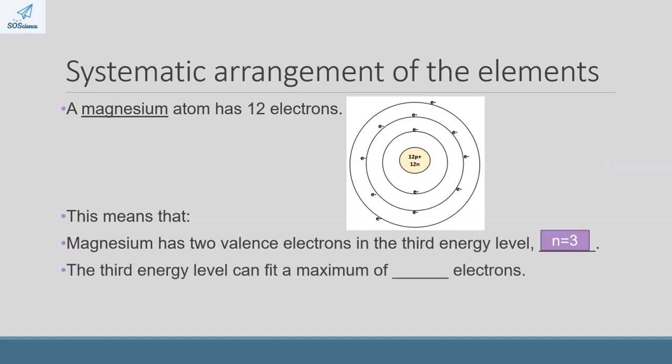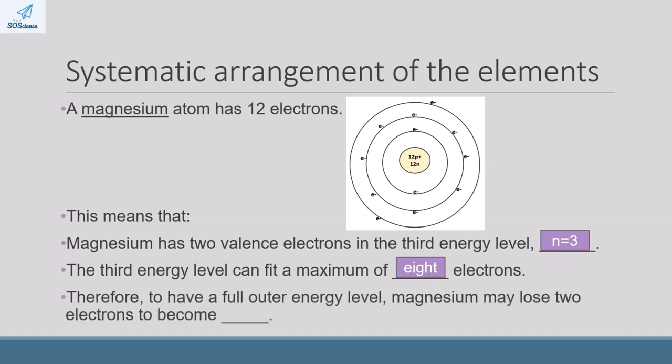This third energy level can fit a maximum of 8 electrons. So to have a full outer energy level, magnesium's only option is to lose these 2 valence electrons. And then it has a deficit of 2 negatives, and it forms an ion of Mg2+. That is the only ion that magnesium can form.